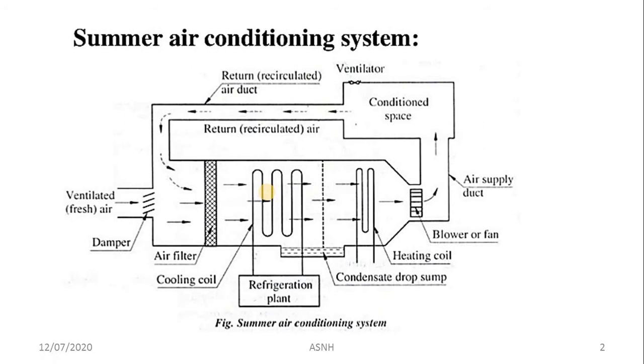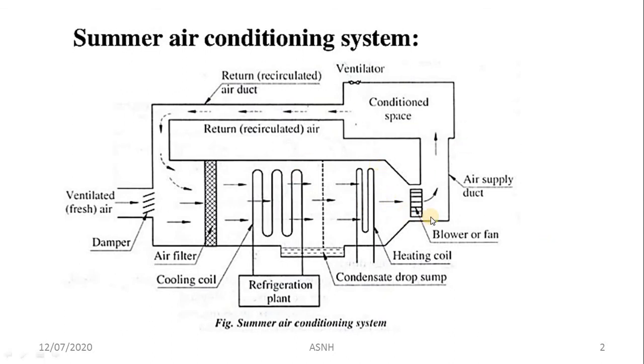In the air conditioning or refrigeration cycle, that is the vapor compression cycle, the evaporator is the most important device from which we get the cooling effect. These are the evaporator coils. Next is the perforated arrangement for condensation purpose. Similarly, the heating coil is added here in order to maintain the dry bulb temperature and required humidity in the conditioned space.